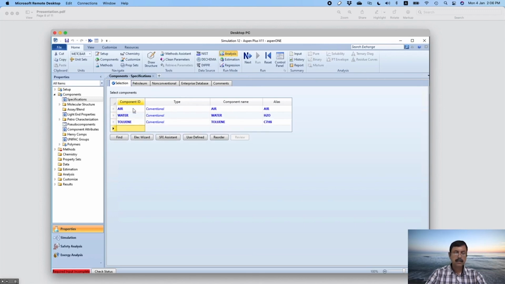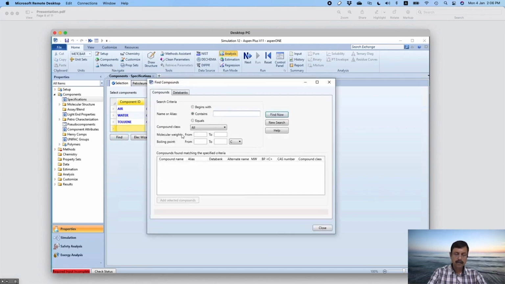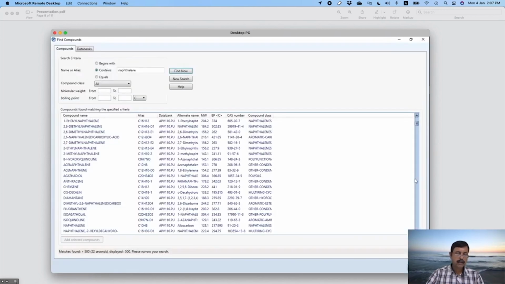Naphthalene cannot be written in full, so let us find it. Yeah, this is the one which you are looking for.